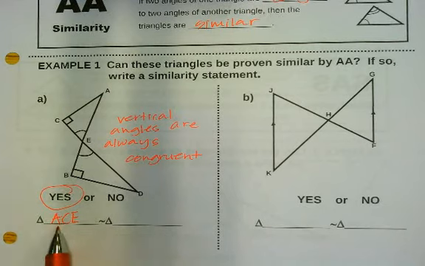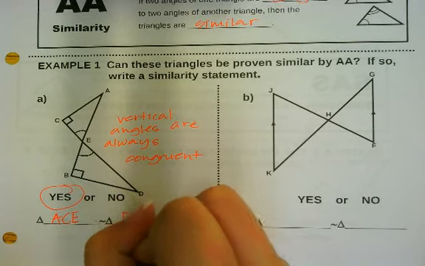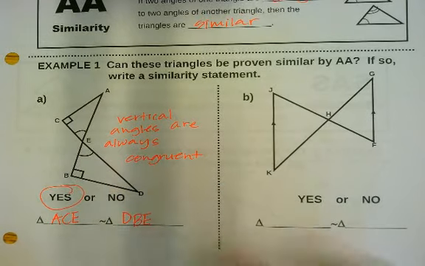What angle corresponds with A? D. What angle corresponds with C? B, and E goes with E, obviously. Okay, so now order does matter. You have to make sure that the angles are corresponding with one another. Okay. Questions on that?